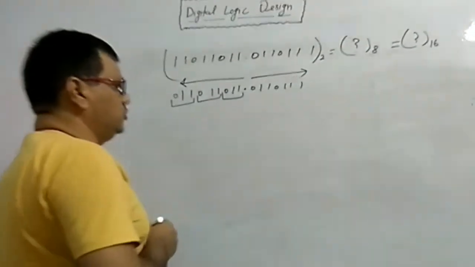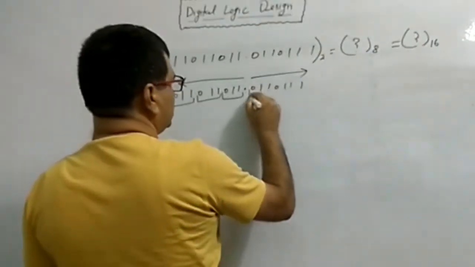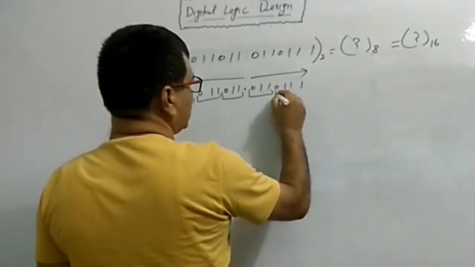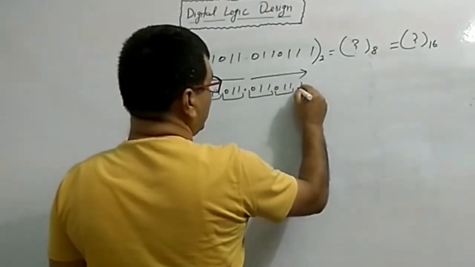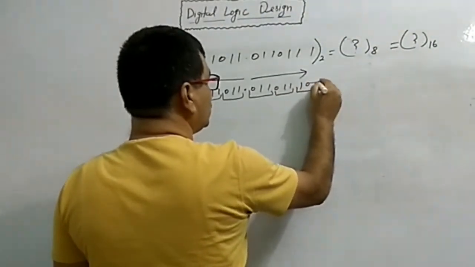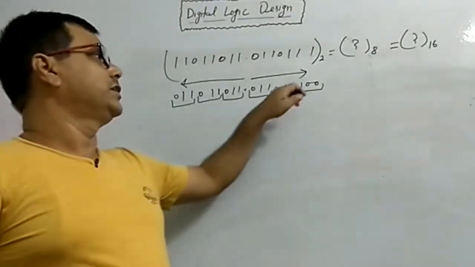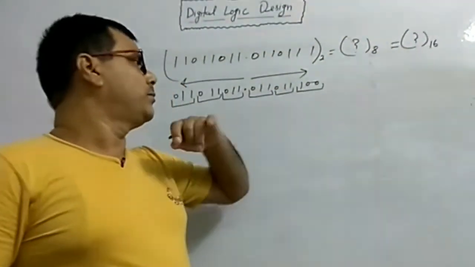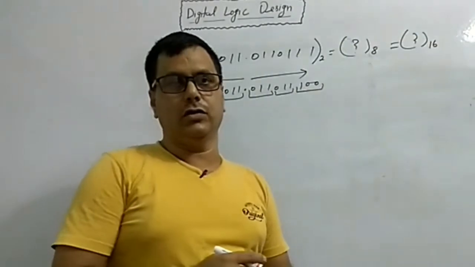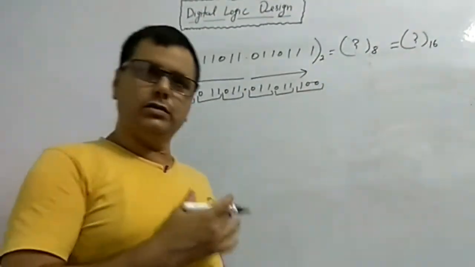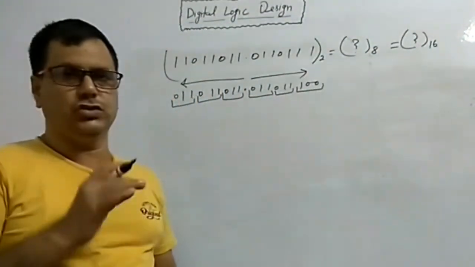You can put 0 here. Now this is a 3, this is 3, and here you can add 0 because there is no value after the fractional part. You may put many zeros there.